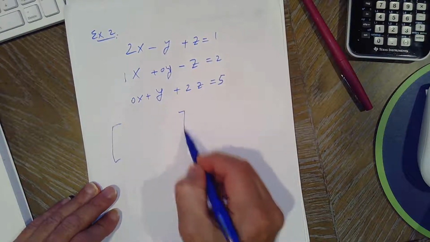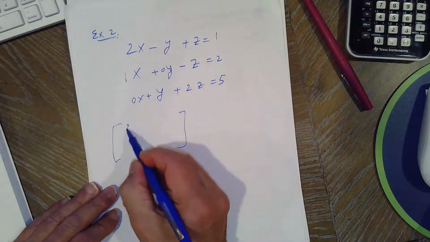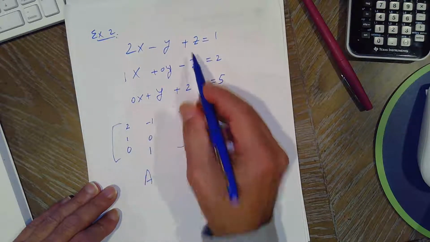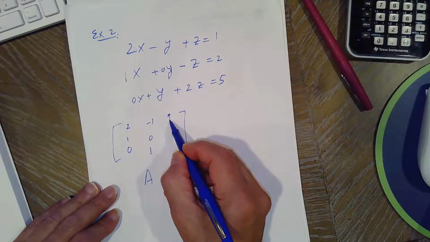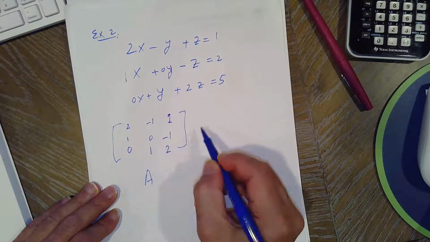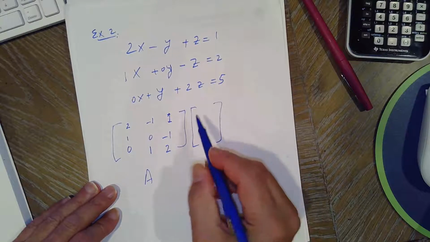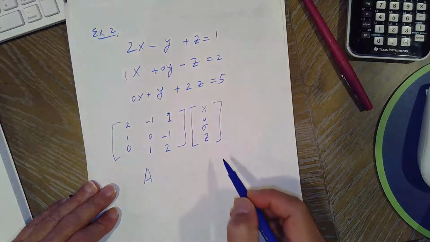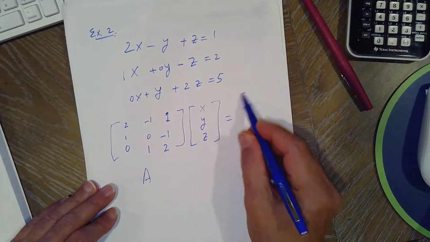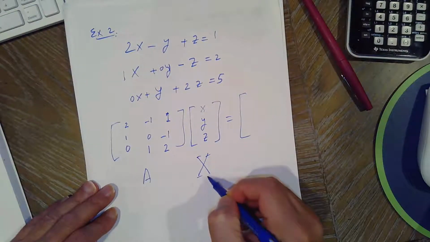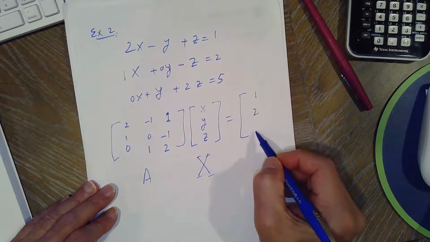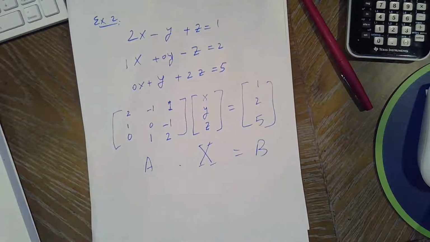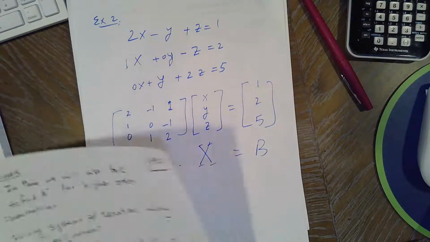So we write the coefficient matrix A: 2, negative 1, 1, then 1, 0, negative 1, and then 0, 1, 2. The X matrix now is going to be a 3 rows, 1 column matrix, and the constant matrix is going to be 3 by 1. That's B. Okay, so how do we solve it?